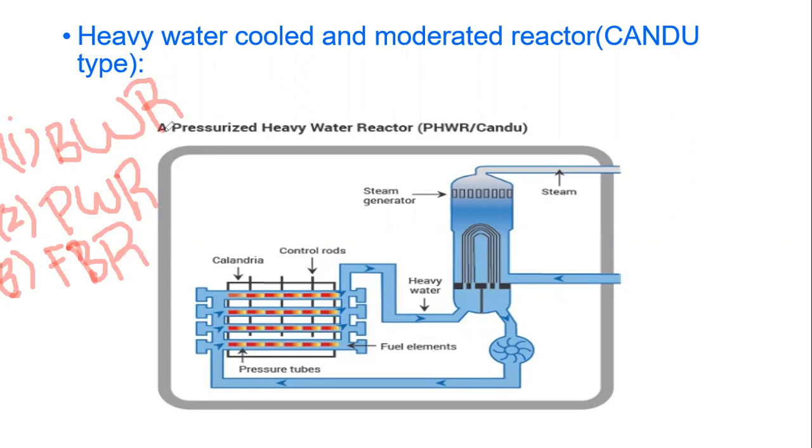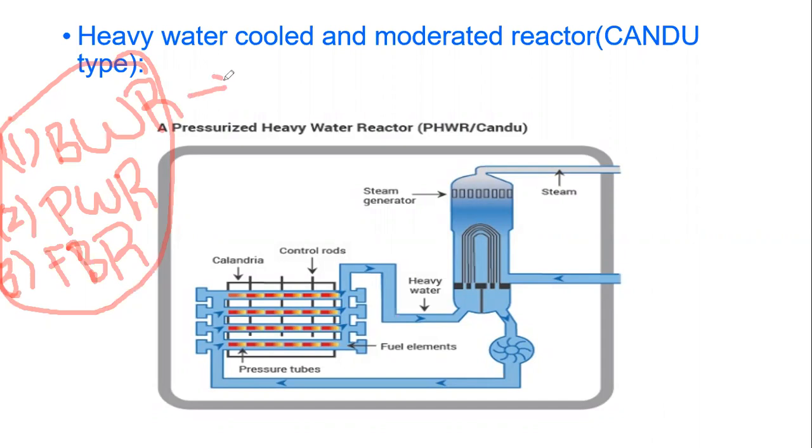Boiling water reactor, pressurized water reactor, fast breeder reactor: these are the very important and commonly used types of reactors in a nuclear power plant. And also from the exam point of view, these three reactors are very important.